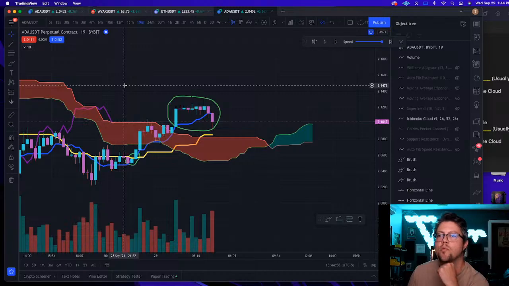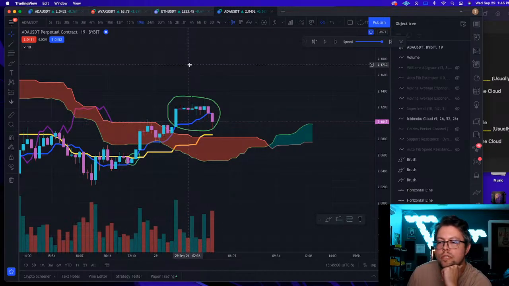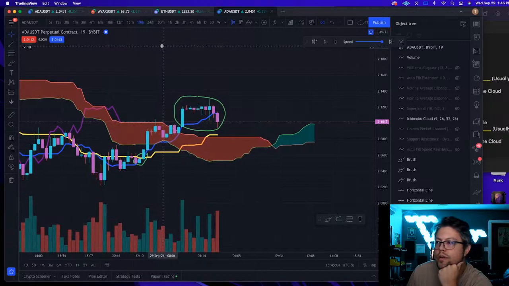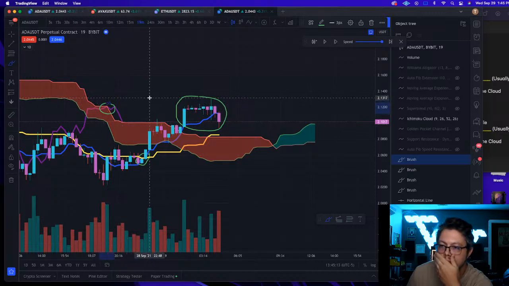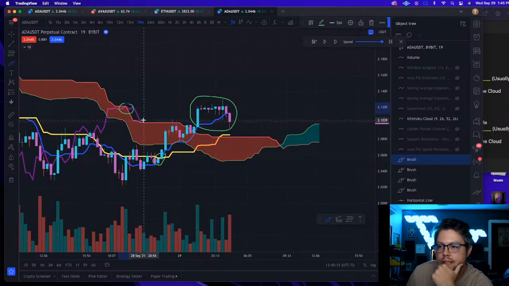Let's see if it breaks its own rules and goes into a long mode and just is a trick. Let's see. So we got a little pin. This guy comes out. And then he goes back in right here maybe.